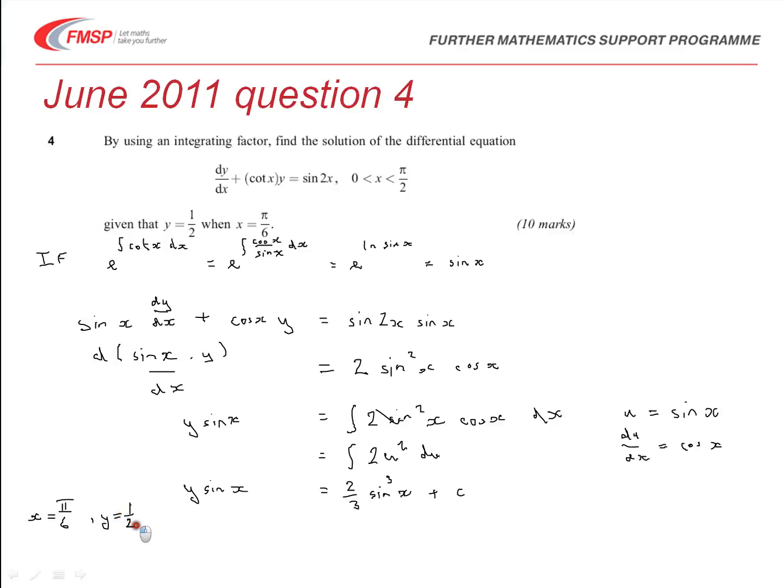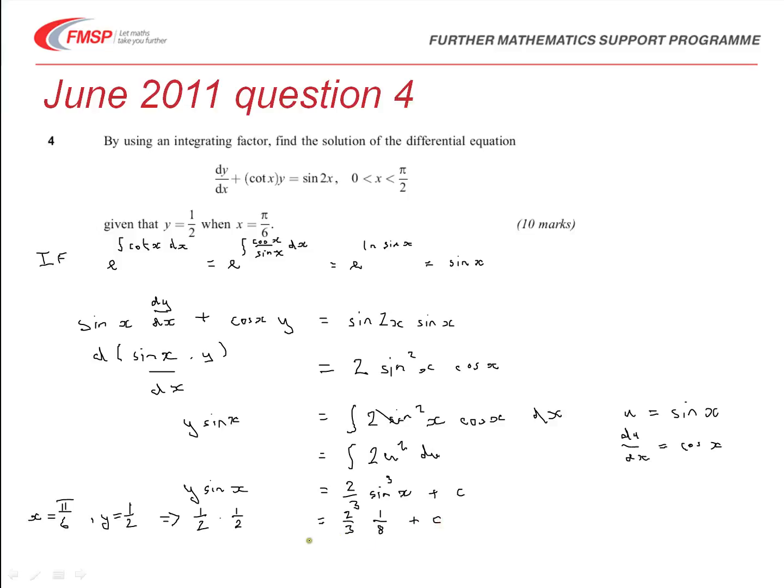And so if we substitute those into here, we've got a half times the sine of pi by 6, and the sine of pi by 6 we should also know as a half, and that must equal 2/3 of the sine of pi by 6 cubed, which is an 1/8, plus c.